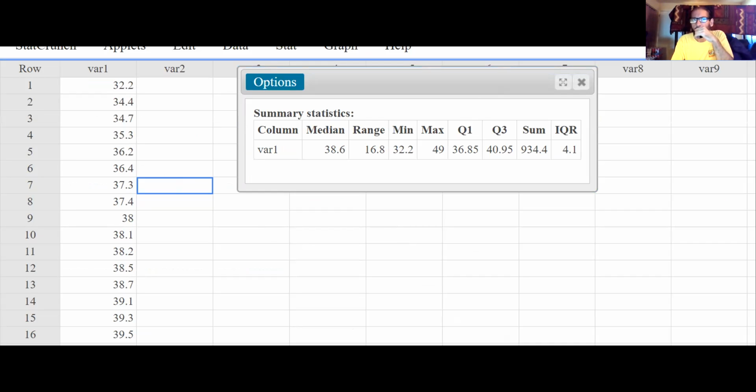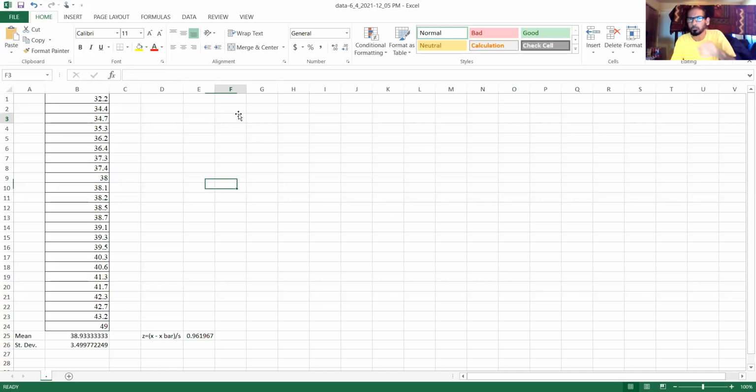So the IQR equals 4.1. To find your lower and upper fences, because you've got the middle 50% between quartile 1 and quartile 3, and then between the minimum and quartile 1, you've got the lower 25%. Between quartile 3 and the maximum, you've got the upper 25%.